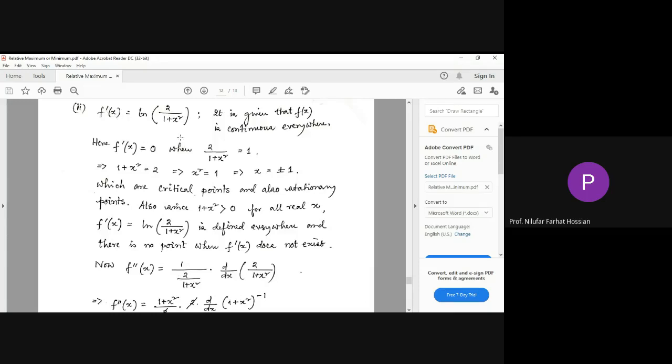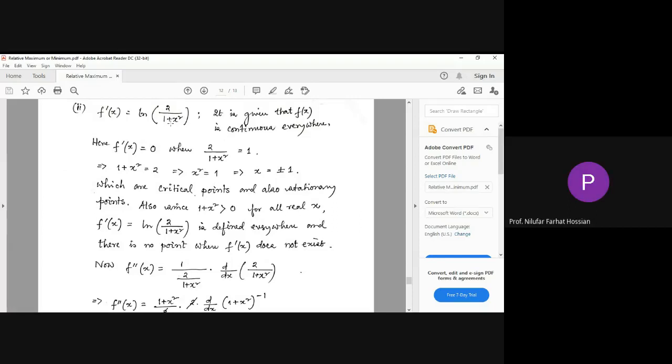Now let us check whether there is any point where f prime x is undefined. f prime x will be undefined if the argument of this ln is 0 or negative. You know, ln of 0 is undefined, and ln of any negative number is undefined. So here, can it be 0 anywhere? No. So this argument cannot be 0. Now check whether this argument can be negative anywhere.